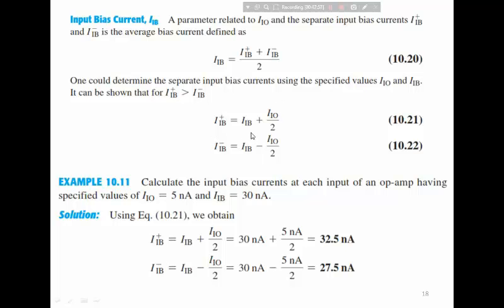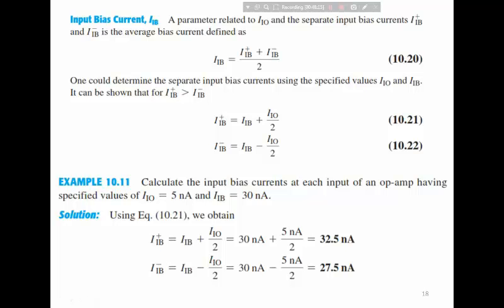So you can derive this relationship, and if we have this equation, we can find the individual terminal currents of the op-amp if you know these currents, and these currents are usually specified on the data sheet.